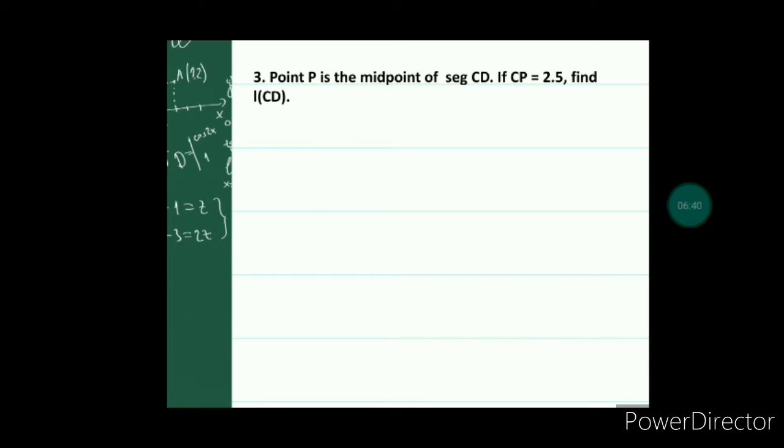Next question is, point P is the midpoint of seg CD. If CP equal to 2.5, find length CD. We have length of CP is equal to 2.5.